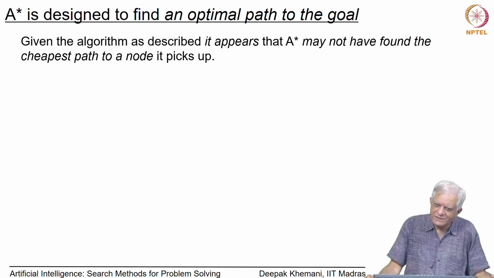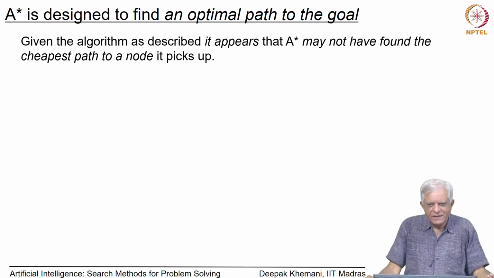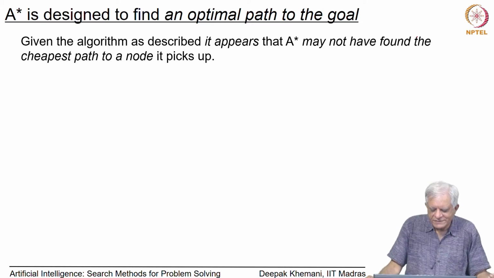Case 3, which is of interest to us at this moment, was the case when you found a shorter path to a node in closed. This was not possible in Dijkstra's algorithm, where we argued that whenever it picks a node, it has always found the shortest path to that node.